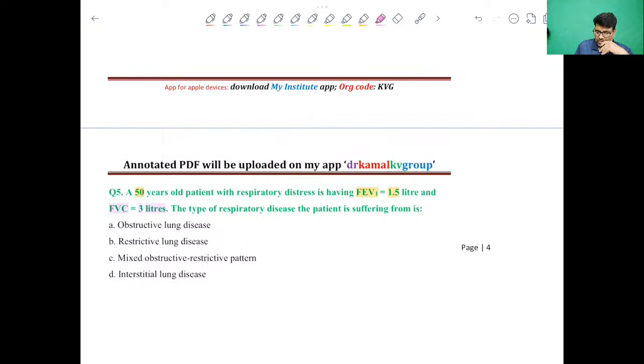So FEV1 upon FVC, we usually take this ratio, and here it comes out to be around 50%. So this is very less, because in a normal subject it should be around 80%. When this value is decreased, that is suggestive of which pattern?